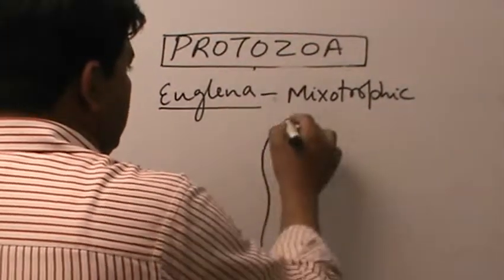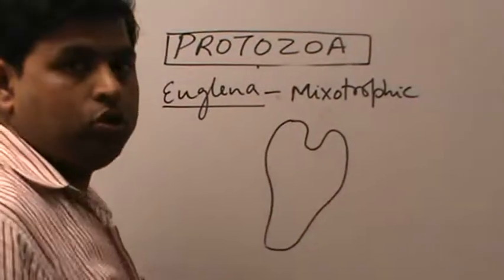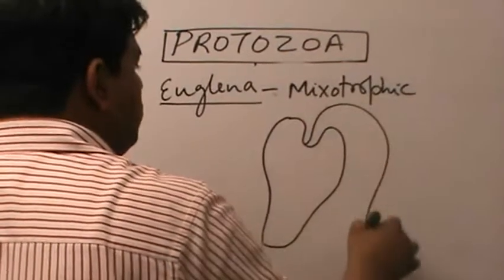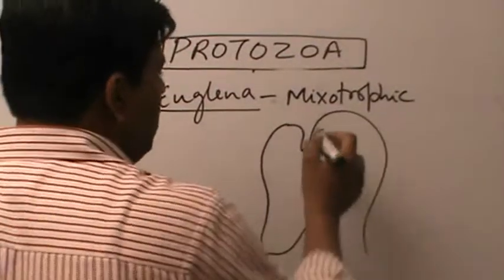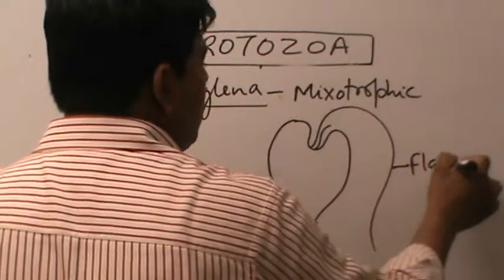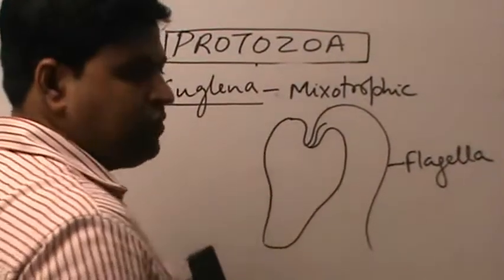This is also known as the slipper animalcule. It has two flagella, not two types, two flagella: one short flagellum and one long flagellum. It does not have any type of cell wall.